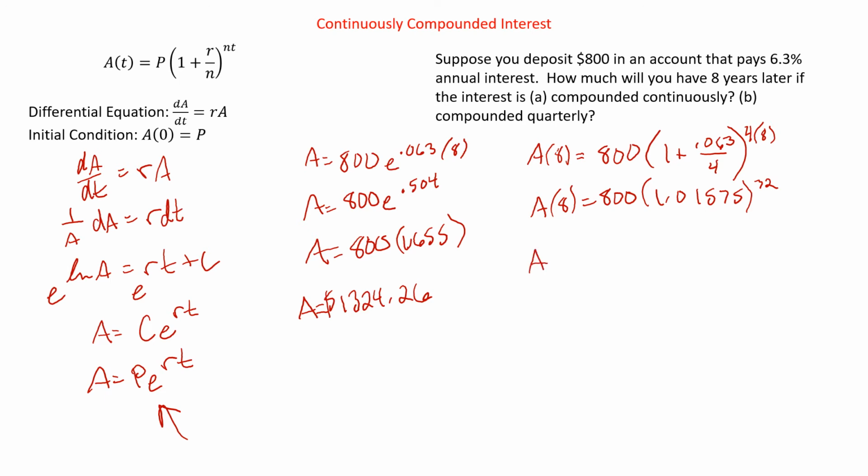That is 1319.07. So if it's compounded quarterly, we have $1,319.07 at the end of 8 years. The continuous compounding will always get you more. It will rise faster.